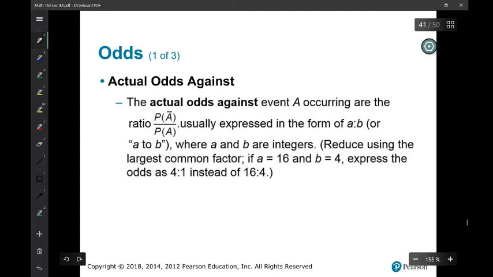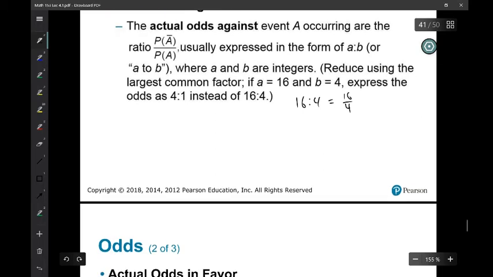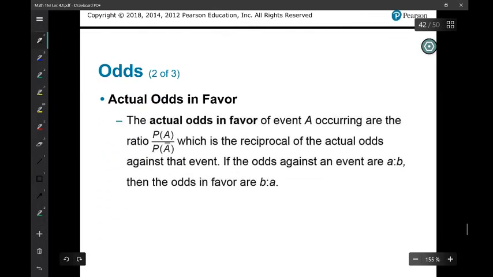So a ratio here is really another way of expressing a fraction. So 16 to 4 is equal to 16 over 4. Then odds in favor would be to take the probability of the event divided by the probability of its complement.